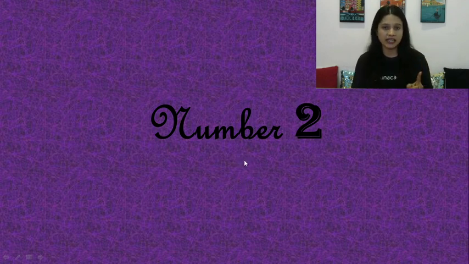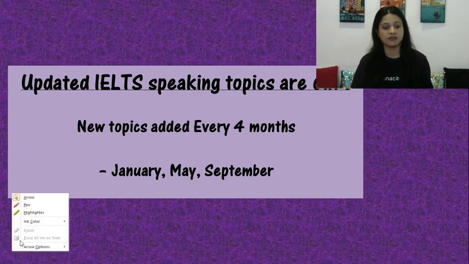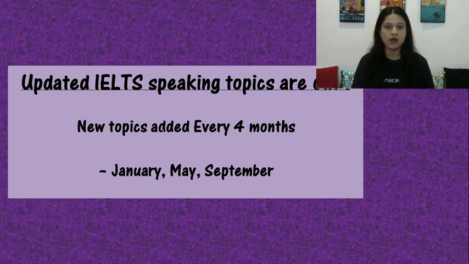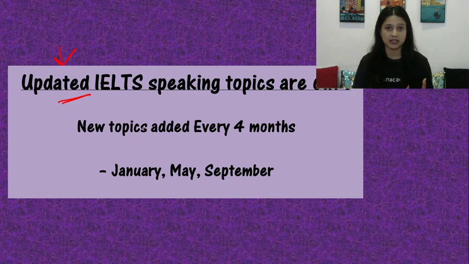Now let's quickly understand what is news number 2. Well, some of you are already aware about this, some of you are very ignorant. Yes, don't worry, here I am. IELTS generally updates the list of topics that will form the basis of your questions in the speaking exam, especially in your speaking part 1 and speaking part 2.